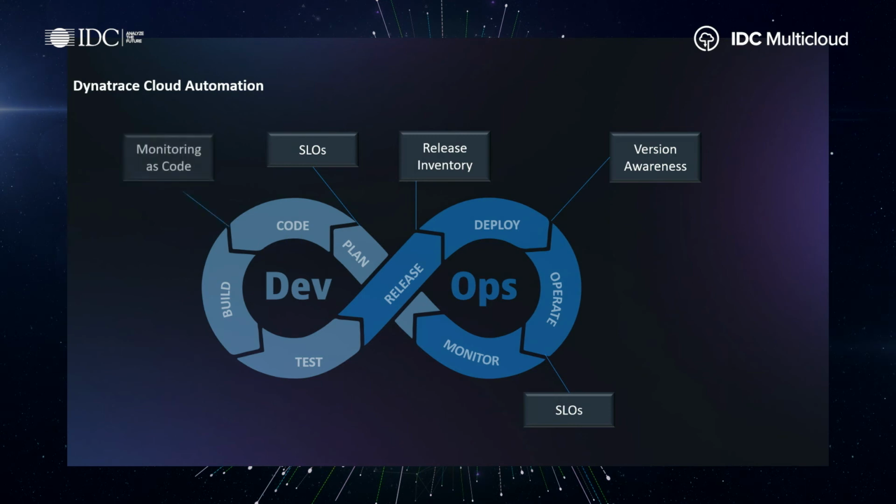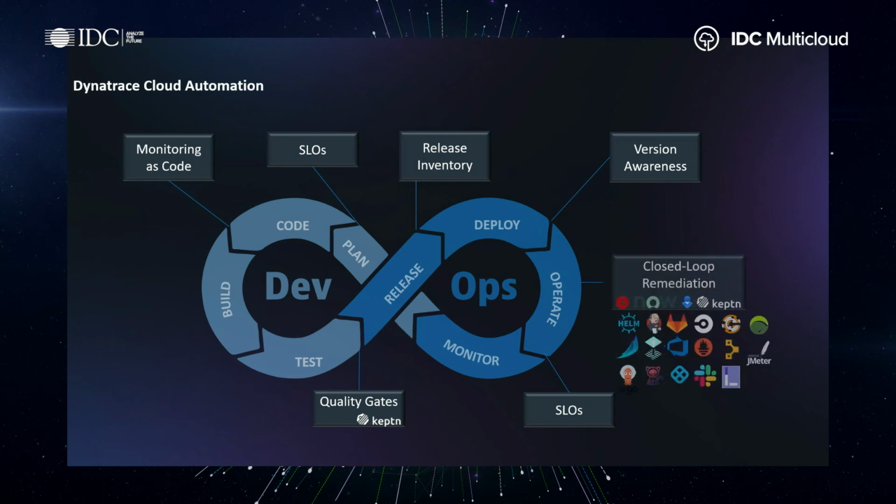And we have a monitoring as code concept where we can allow you to apply GitOps methodology to monitoring and to observability. And then we also have quality gates, of course, as I just mentioned, and we have closed loop remediation. So, like what I explained earlier, having Dynatrace trigger and take care of your remediation actions.